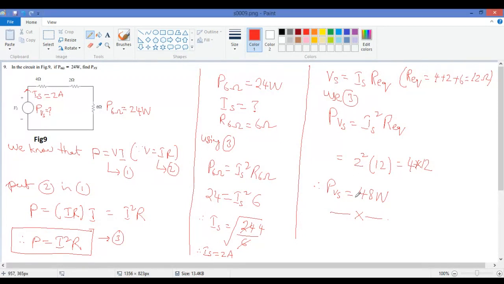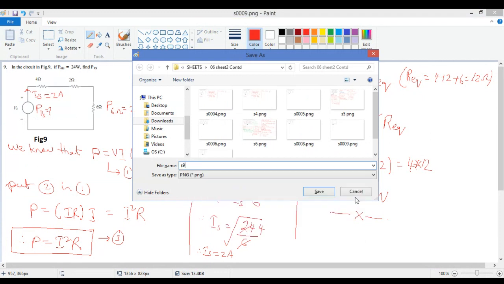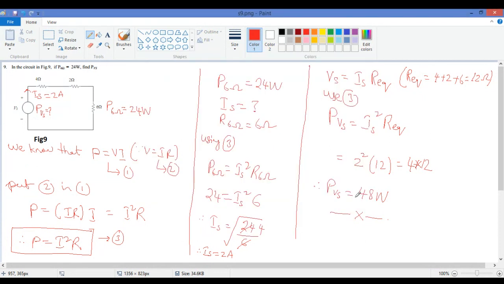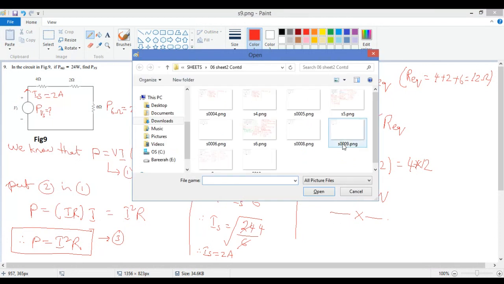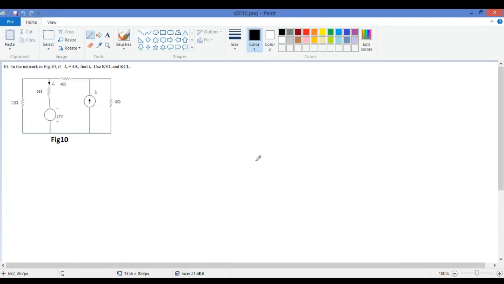Very good. Now let us solve the last problem, problem number 10. He's saying again using KVL and KCL, and he has given I naught is equal to 4 ampere.